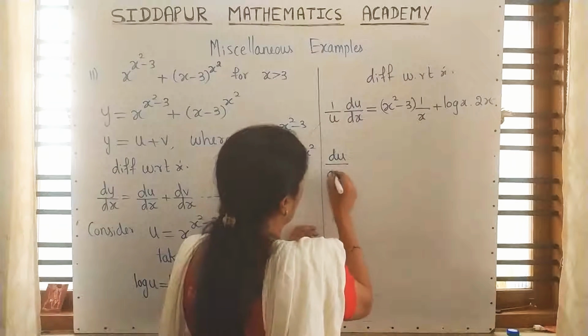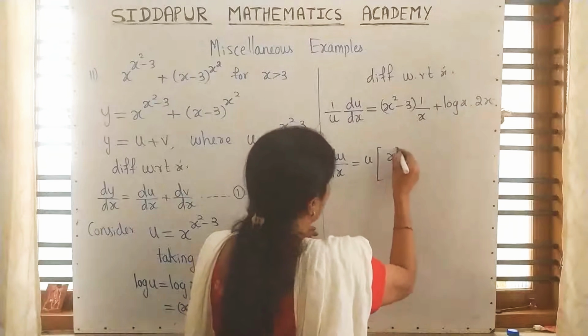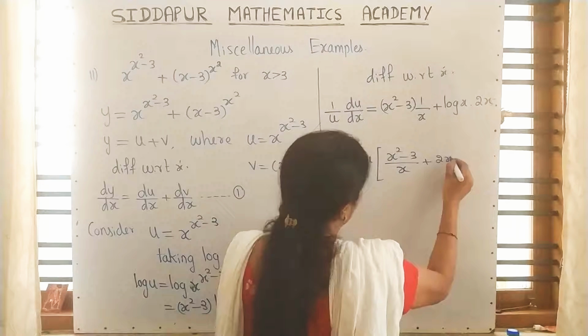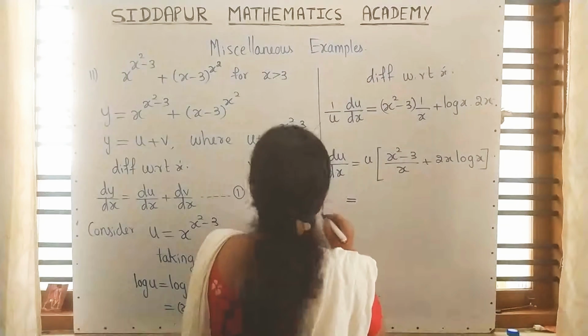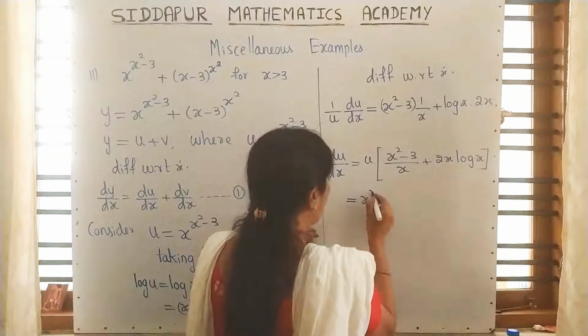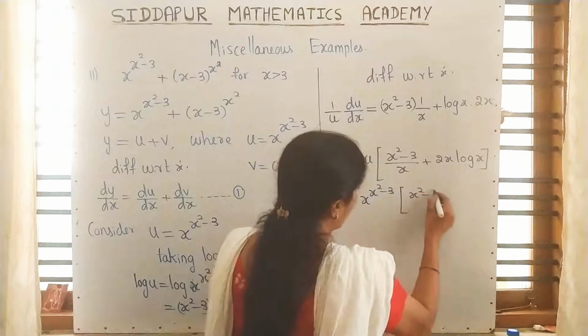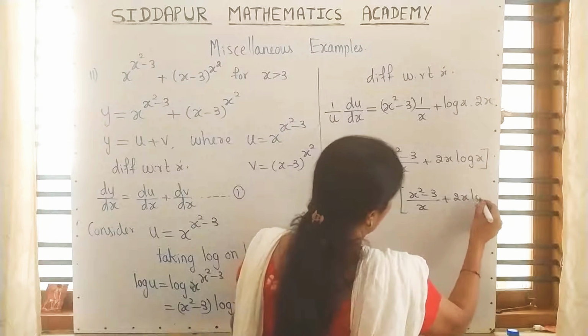Now du upon dx is equal to u in the bracket x square minus 3 upon x plus 2x into log x. Now write down that u value. u is x power x square minus 3 in the bracket x square minus 3 upon x plus 2x into log x.